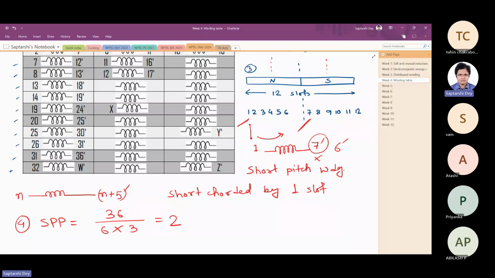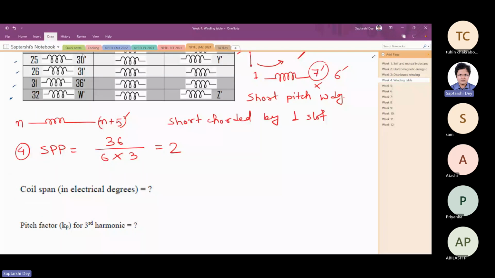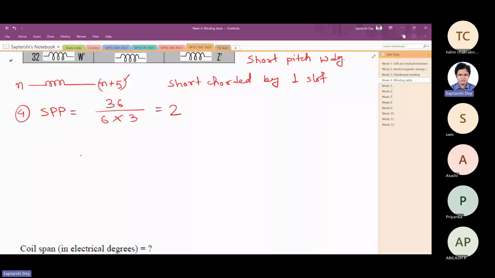Let us do one thing. Let us draw the whole thing so that things become more clear. Let me draw the slots. So how many slots I have to draw?